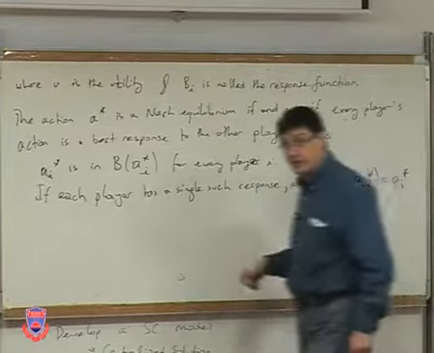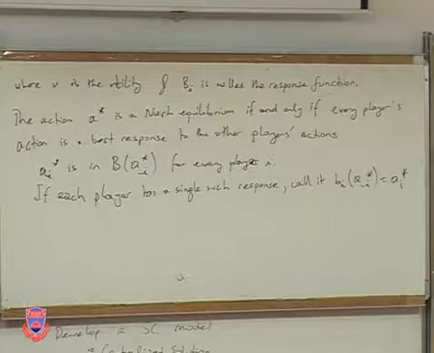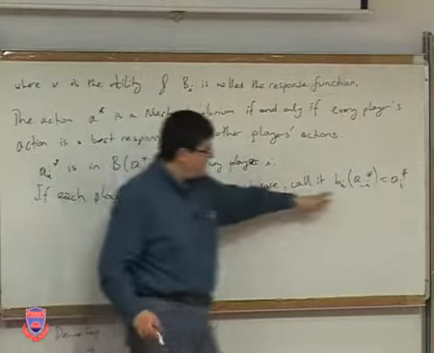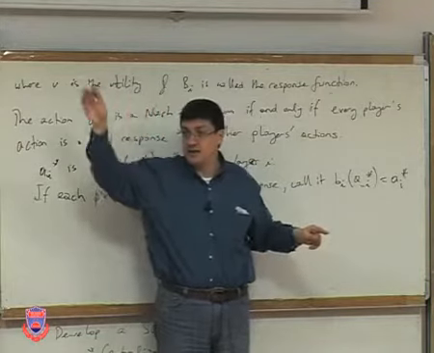In other words, I have a single response. So you give me your A minus i stars, and I'm always going to select Ai star.